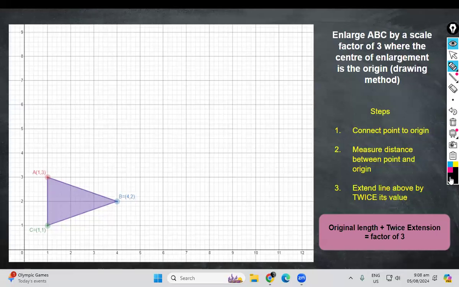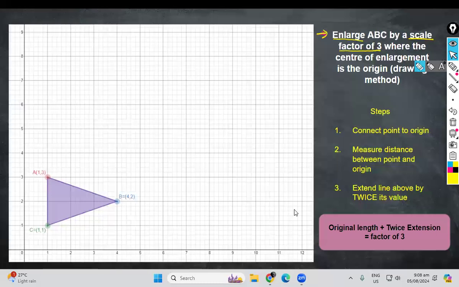So in my first question today, if you read the instructions up here, we get a different color, we get yellow. We want to enlarge ABC by a scale factor of 3. Now, those are some fancy words, right? But all it means is that we want to make that triangle 3 times larger.